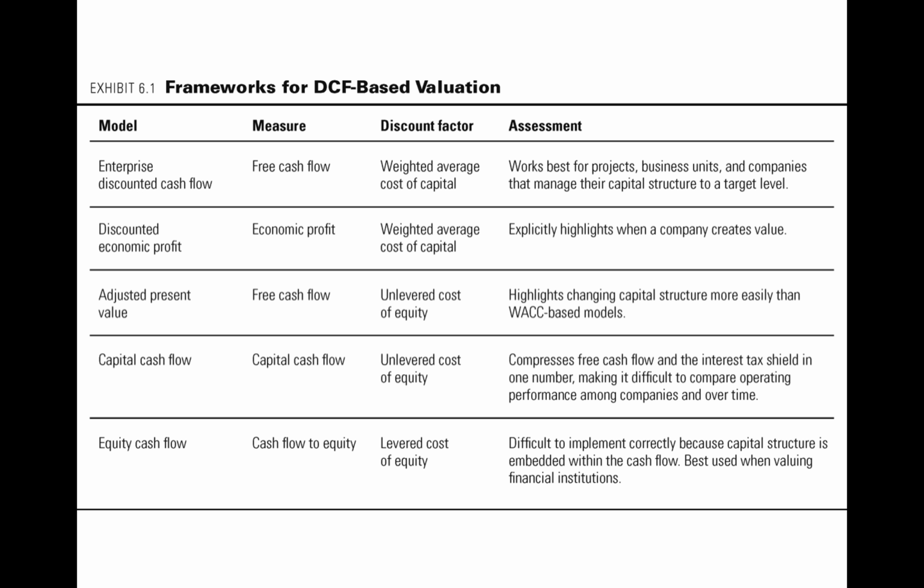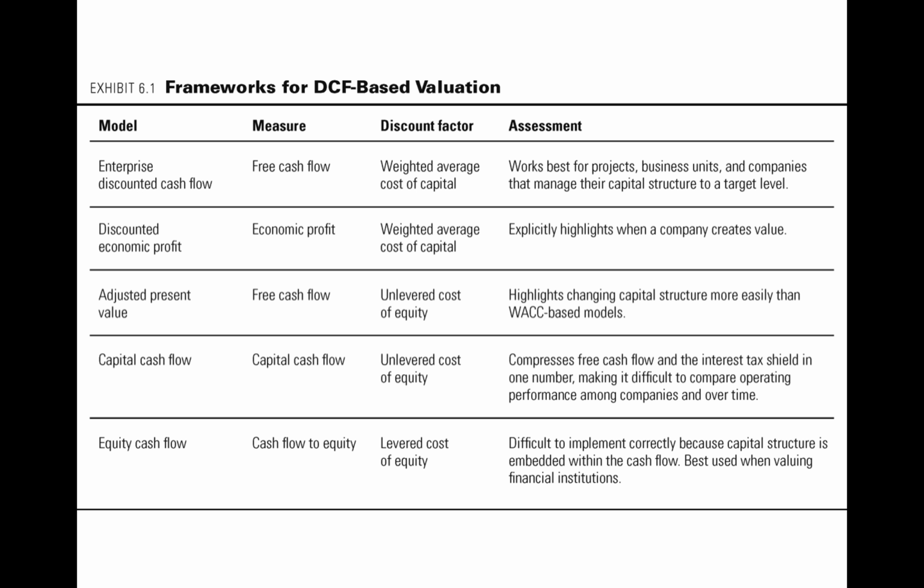So I'm sure that was a great PhD thesis paper, but the practicality in the real world is that lumping all the cash flows together is just not as insightful as breaking them into their component parts. That's why in the real world people don't use the capital cash flow method. But if you leave all the cash flows together or split them apart and value them, you do get the same answer. That's the capital cash flow method.